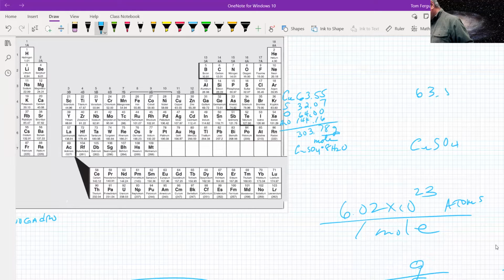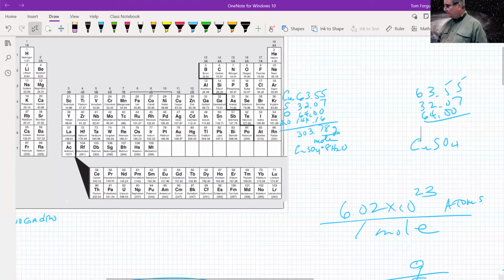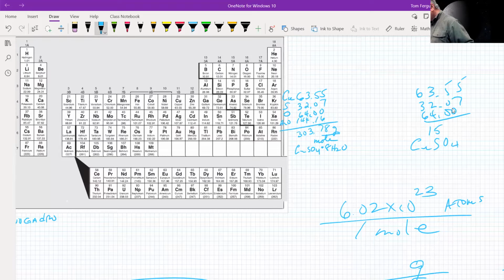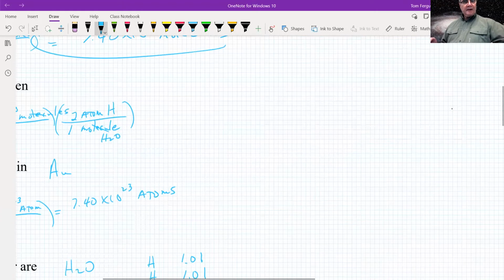That's going to be 63.55, 32.07, and the 64. Okay, that's 159.62. Now we're going to use both those numbers in this problem.